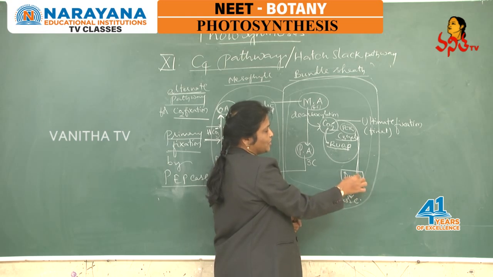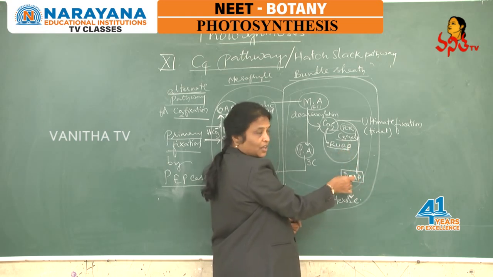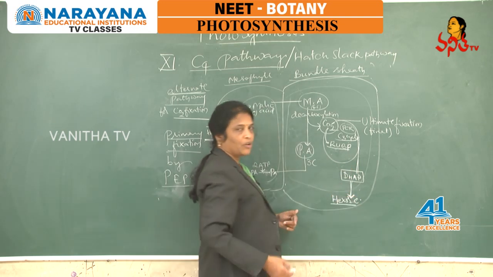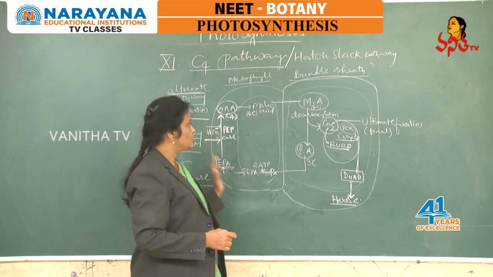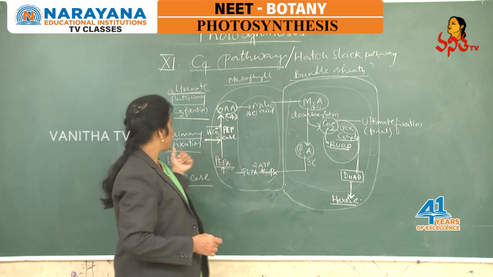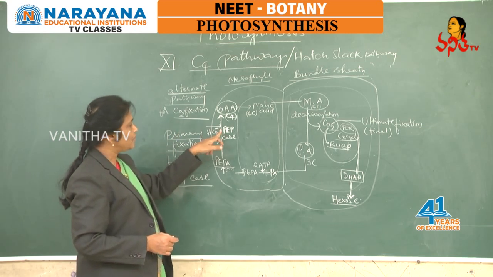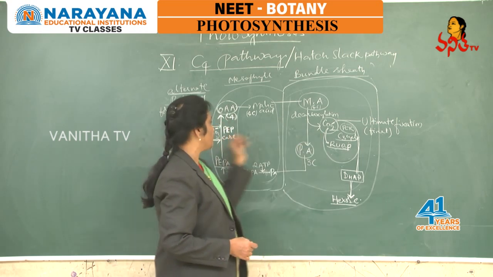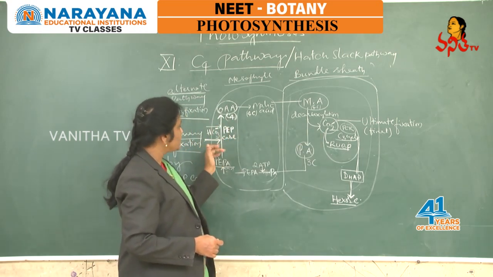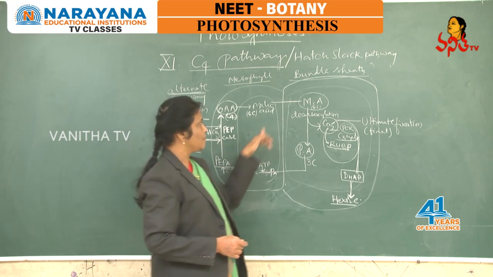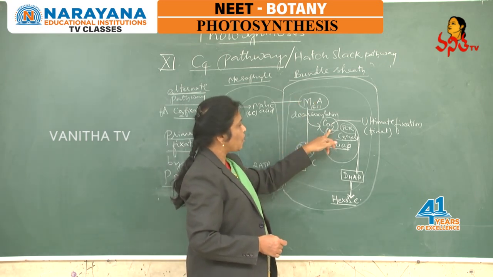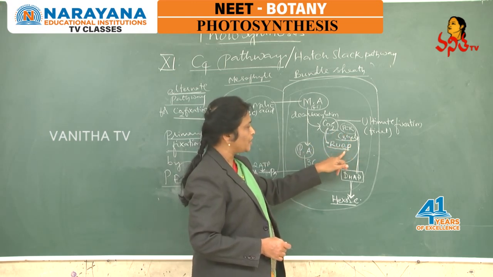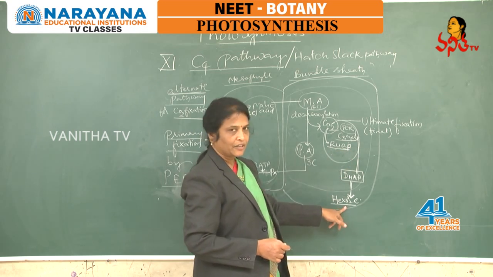The DHAP molecule synthesized in the Calvin cycle in bundle sheath cells is exported to the cytosol of the bundle sheath and is involved in the synthesis of hexoses. So, as we verified, in mesophyll cells there is CO2 fixation, and in bundle sheath cells also there is CO2 fixation. In mesophyll cells there is only CO2 fixation but not reduction, but in bundle sheath cells the carbon dioxide is fixed by RuBP and involved in photosynthetic carbon reduction and the synthesis of hexoses.